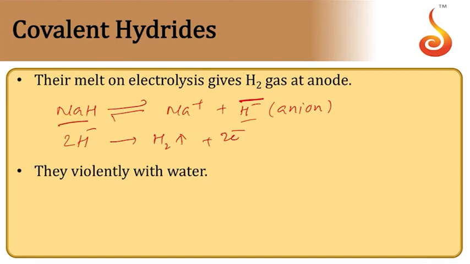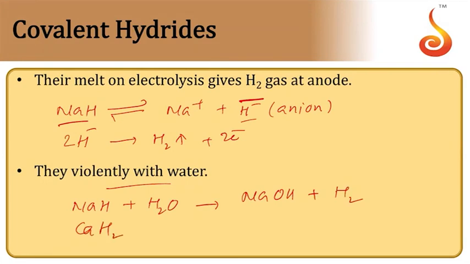And then it reacts violently with water. For example, sodium hydride plus H2O reacts to form sodium hydroxide plus H2. We also have a compound CaH2, which is commercially known as hydrolith, used for the commercial production of hydrogen gas.